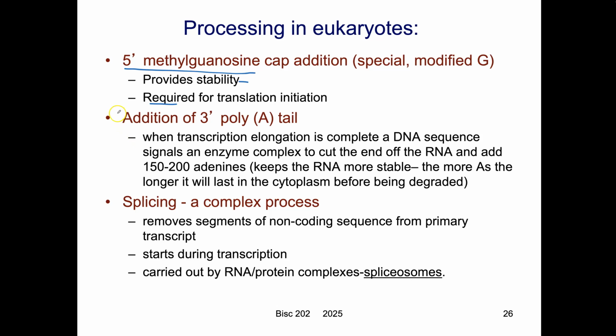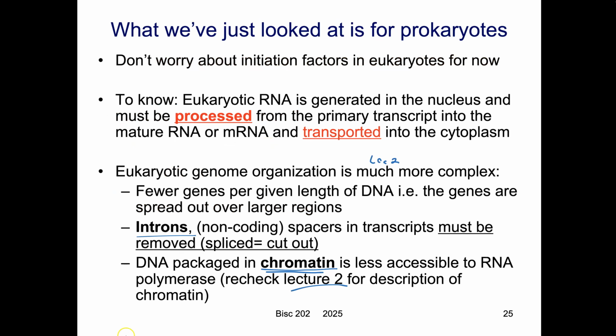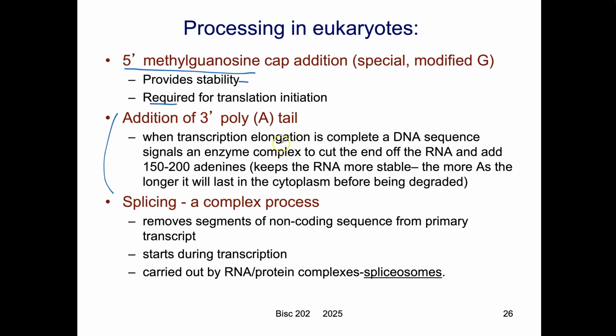And then on the 3' end, after you've finished transcription elongation, there is a DNA sequence there that basically recruits an enzyme, and that enzyme comes and binds to the RNA, and it cuts the end off, and then it adds adenines, a whole bunch of them, 150 to 200. So it can be somewhat different for each copy of the mRNA for the gene.